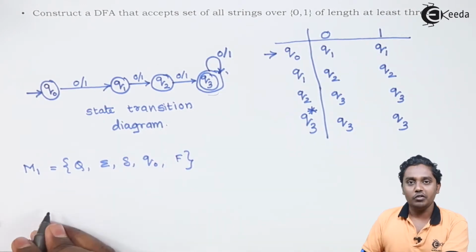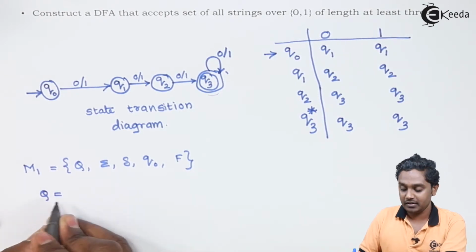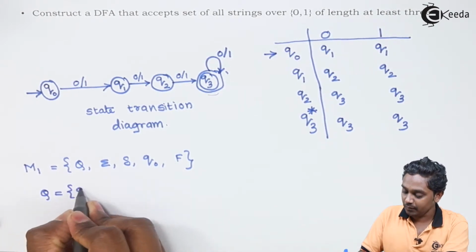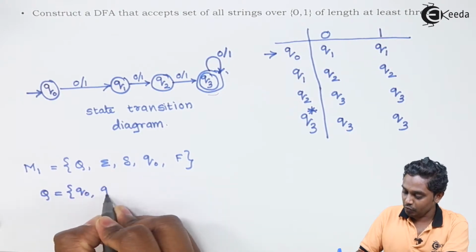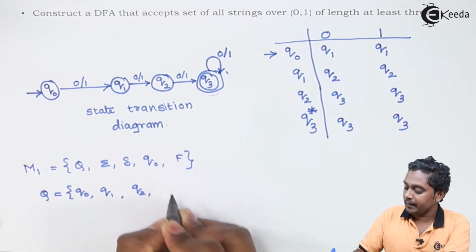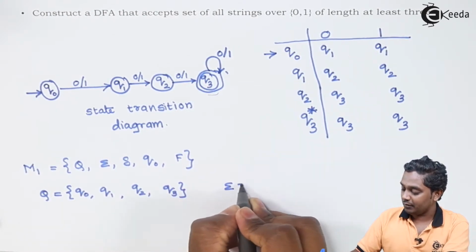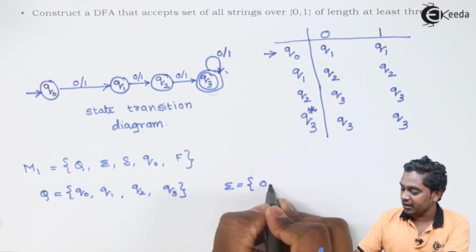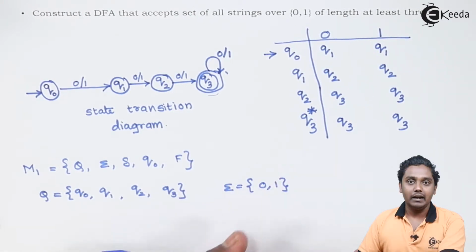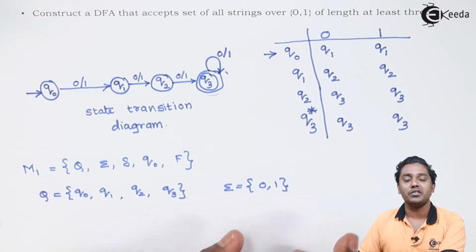Out of them, what is Q? Q is the set of states. And which are the states we are using here? Q0, Q1, Q2 and Q3. Sigma is the alphabet we are using, so we have 0 and 1. Delta, as you can see, the transition function is already stated in the transition table. Using that, we can define delta.